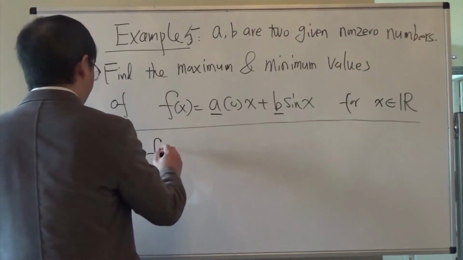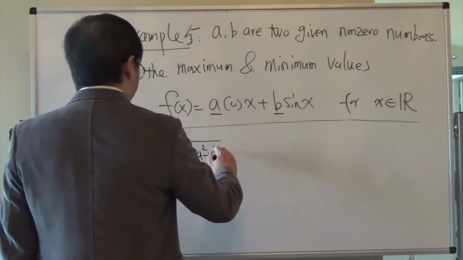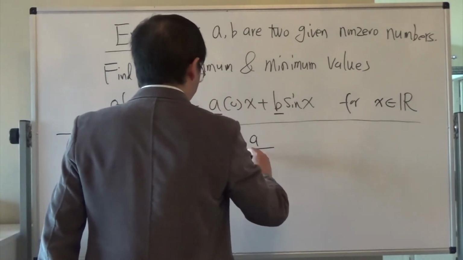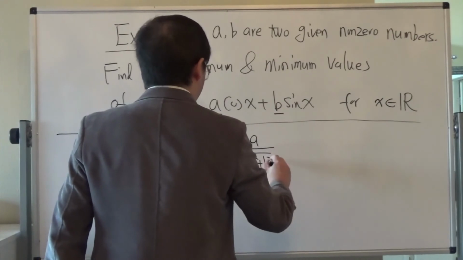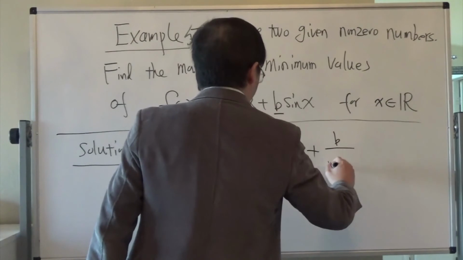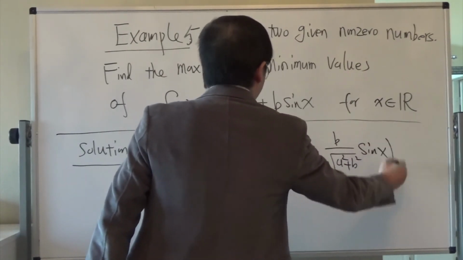So f(x) equals the square root of a squared plus b squared, times the quantity: a over the square root of a squared plus b squared times cosine x, plus b over the square root of a squared plus b squared times sine x.